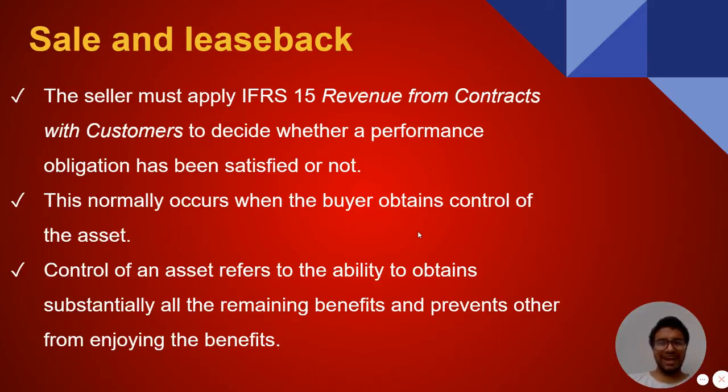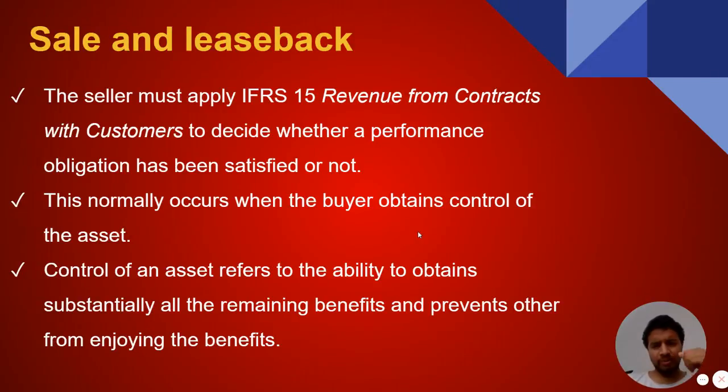So if it's a sale and if it's not a sale, how do we treat it? A seller must apply IFRS 15 to decide whether a performance obligation has been satisfied or not. This normally occurs when the buyer obtains control of the asset.